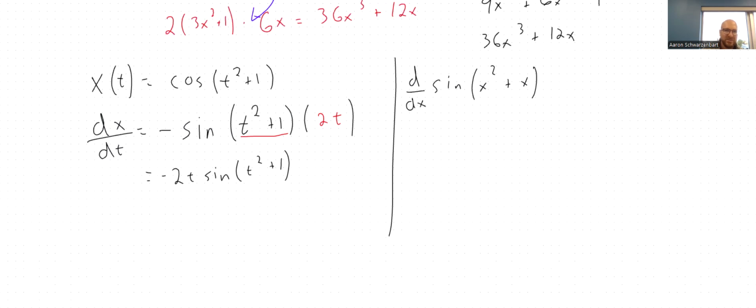So that means take the derivative of this. Okay, what's the outermost thing? The sine. So the derivative of sine is cosine. Leave the inside alone. That's the part that's hardest to remember. Times, what's the derivative of the inside? Plus 1.